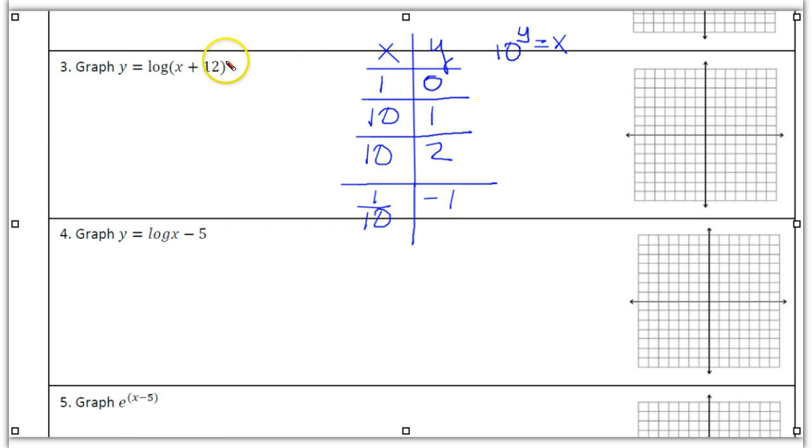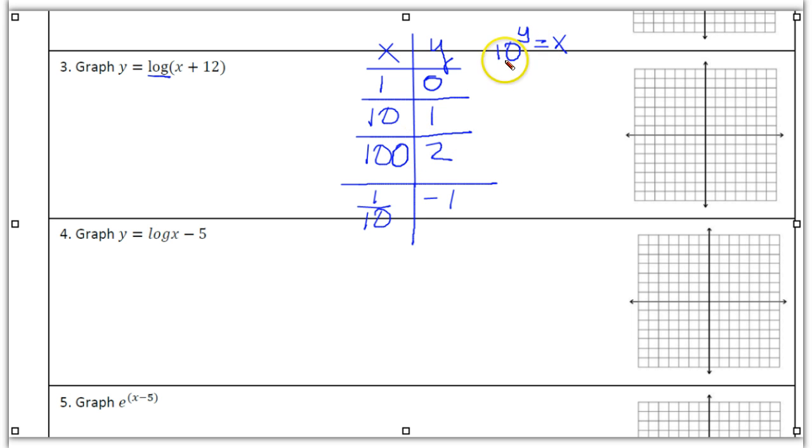In example 3, we switch from natural logs now to the log, and it's sort of in this form that we can convert it to this form, exponential. Put in some values for y. So if y is 0, 10 to the 0 power is 1. 10 to the first power is 10. 10 to the second power is 100.